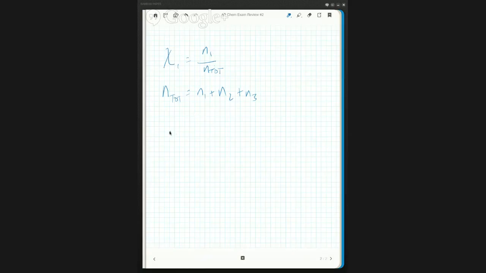And you'll notice that it's very similar to P total equals P1 plus P2 plus P3. And so again, the molar fraction or the partial pressure fraction, if you did it like this, is the pressure of 1 equal to P1 divided by P total. So you could do it like that, and then you just plug in.